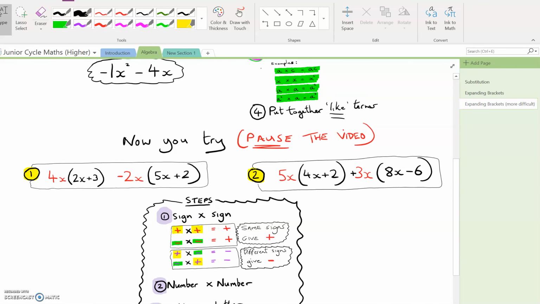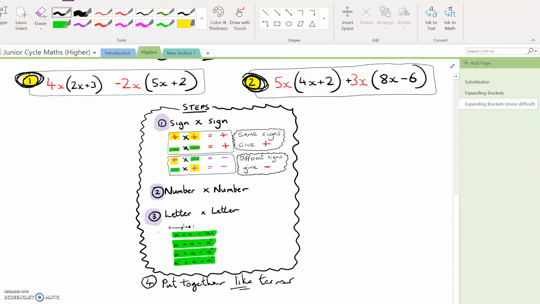Your calculator can always help you with that one. Okay, press pause now and try question 1 in your copy or on a blank page, and try question 2 in your copy or on a blank page. And when you've got them done, play the video and see how you get on.